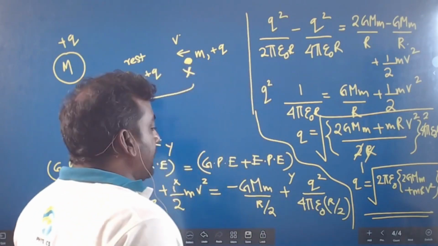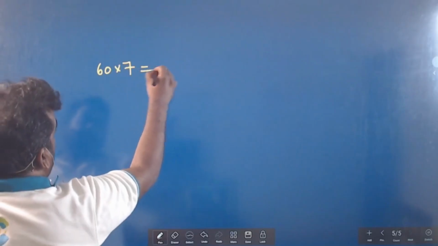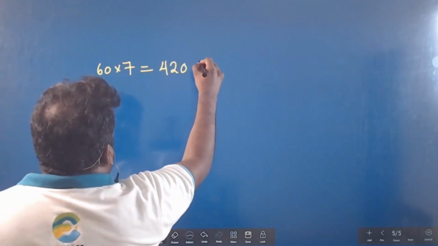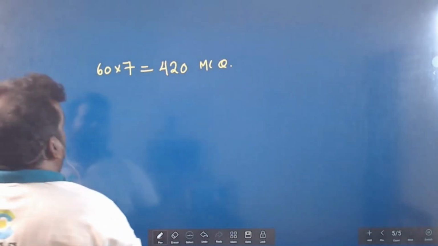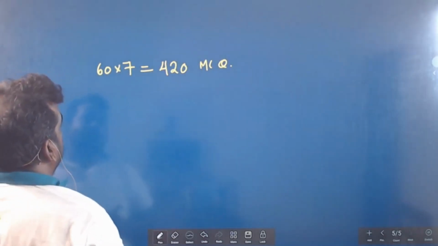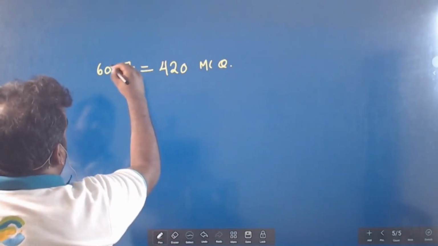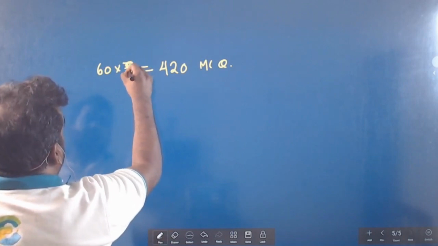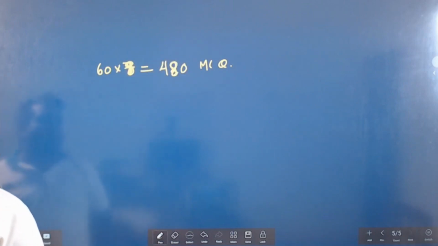If you look at it, 60 MCQs into 7, 420 MCQs. But 60 into 8, 480 MCQs.